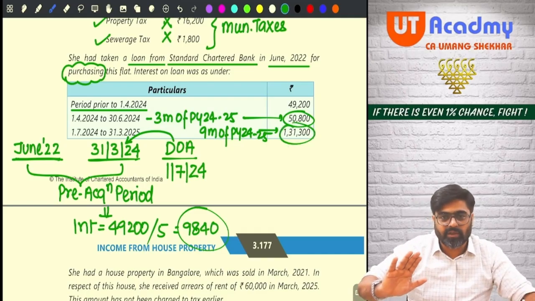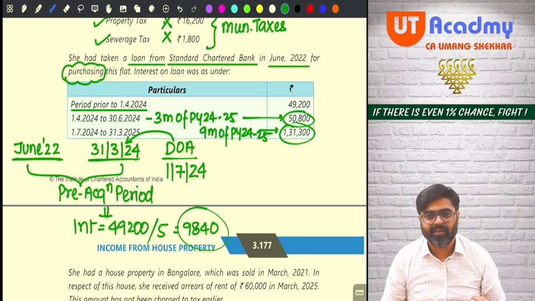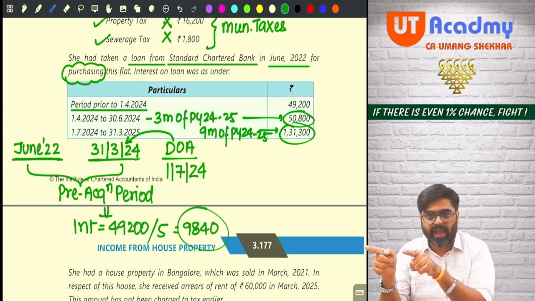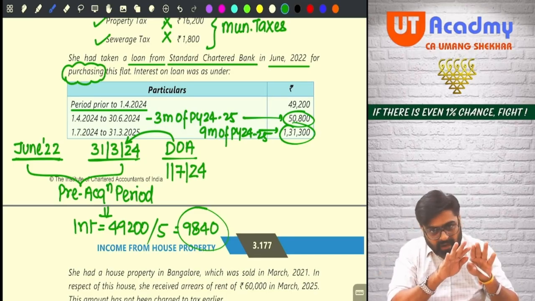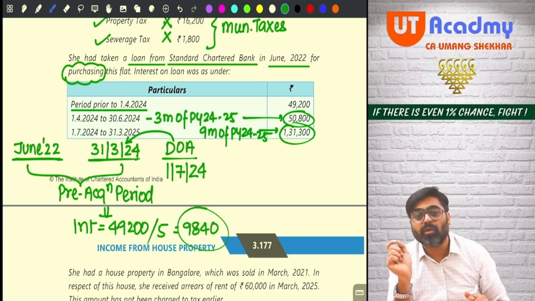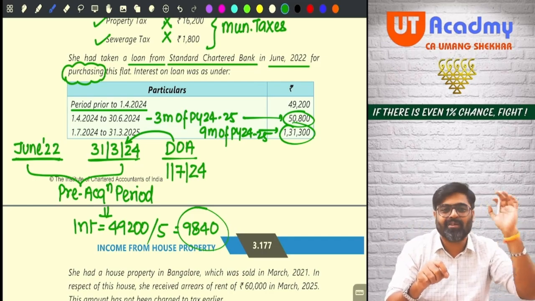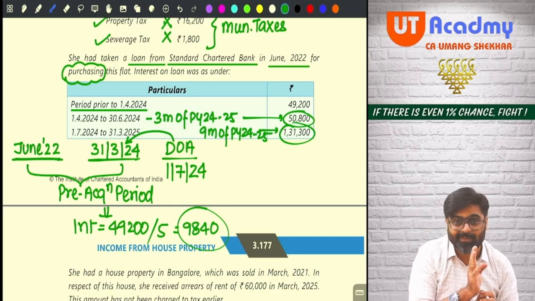Whatever interest becomes due in my previous year is allowed in my previous year only. So do I have a property in 24-25? Yes. Will I calculate the annual value of that property? Yes. Out of that annual value, whatever interest becomes due in this year will be allowed in this year only, whether it is from 1st July to 30th June or from 1st July to 31st March. I will not extend my pre-construction period till 30th June. Getting my point?